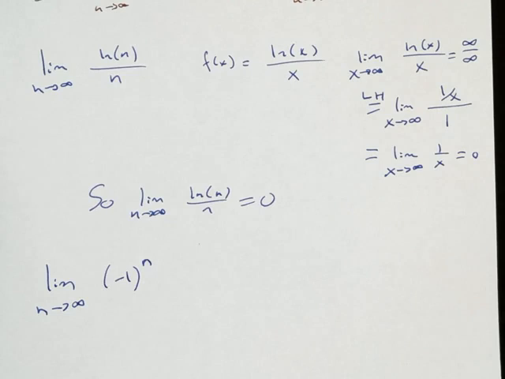On the other hand, sometimes, Leo, it is to my benefit to look at particular values. Look at this sequence. Minus 1 to the nth. Wait a minute.